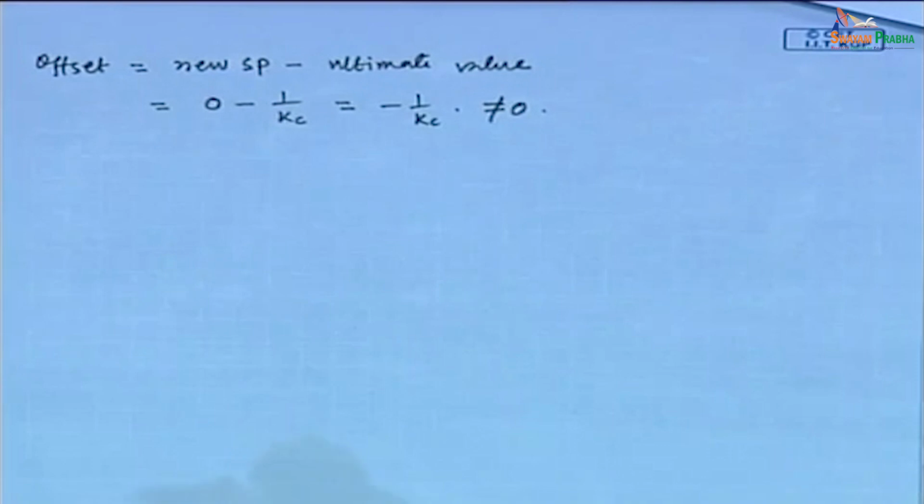So, for the regulatory problem we obtain non-zero offset. Fine.